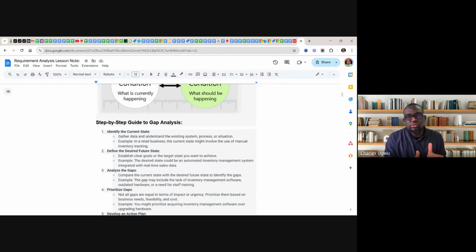Like if you want to solve a problem in education, you want to carry out a gap analysis. If you are looking at universities, why they are not providing quality education, you need to look thoroughly into the current process of education or tuition provision in the universities. And then the desired state, maybe you'll be seeing Oxford, Harvard University, this is the way they have been doing it, and this is why they are producing exceptional students.